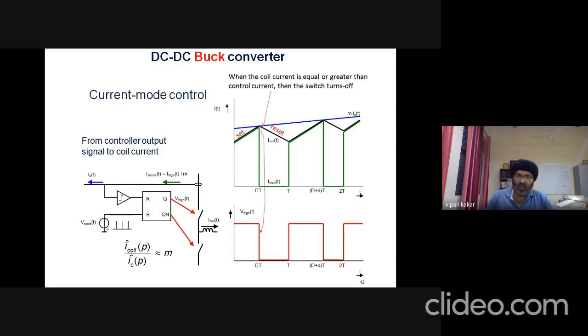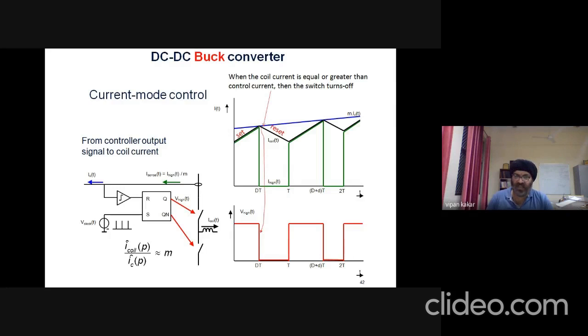Now, what about this RS flip-flop? When this inductor current is below the value of the control current, the RS flip-flop is set. As soon as this inductor current reaches the value of the control current, the RS flip-flop resets itself.